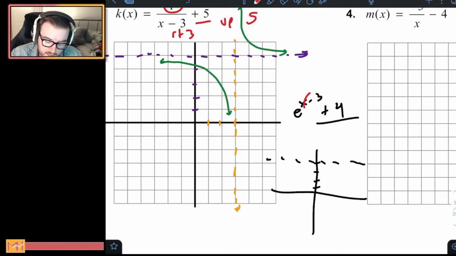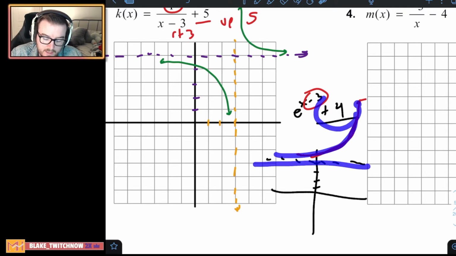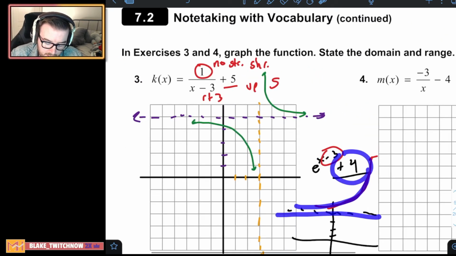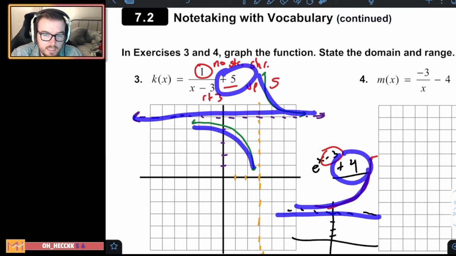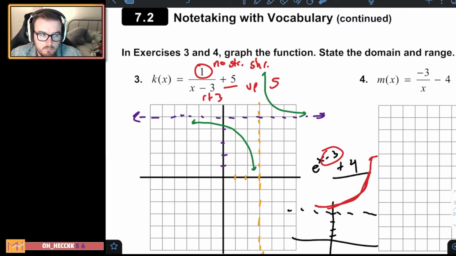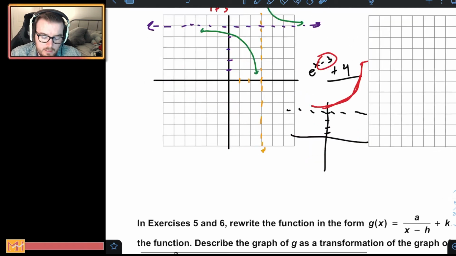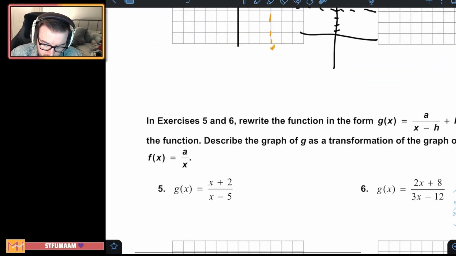So this right 3 just moved us over here somewhere, but it still continued forever. But the bottom is now at 4 because of the vertical shift. Well, guess what? This vertical shift of 5 is now this horizontal asymptote. Same idea.